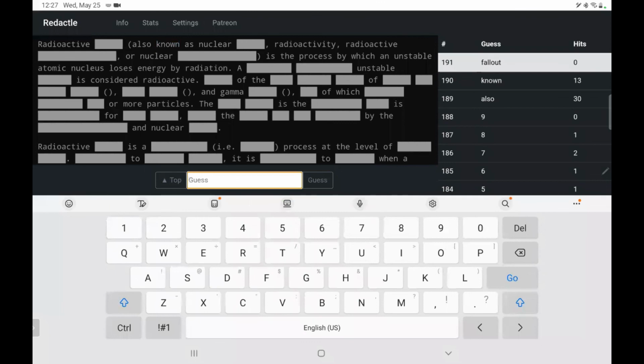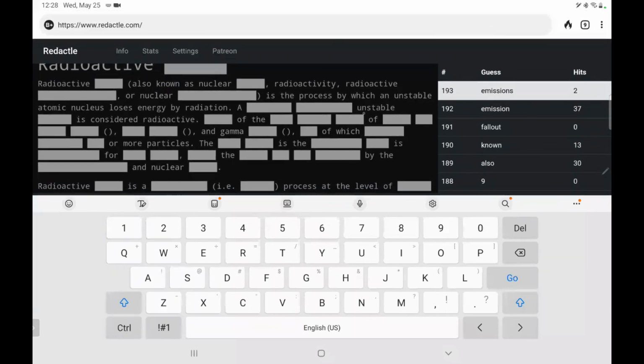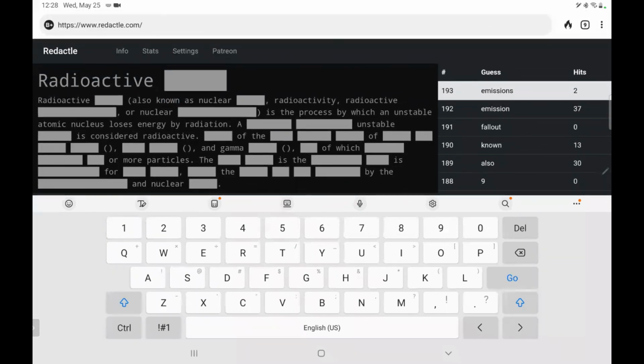No, radioactive emissions. Plural emissions. So they do occur, just not in that first paragraph. Yeah, just not thinking of what else radioactivity could be known as.